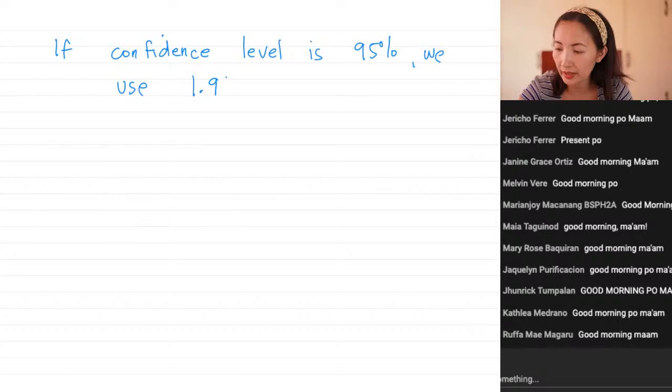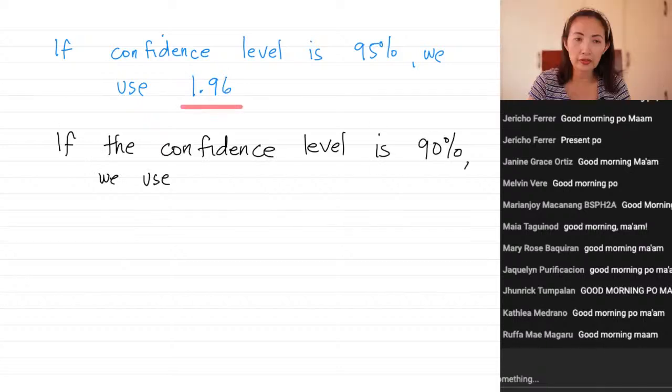What if the confidence level is 90%? What shall we use?